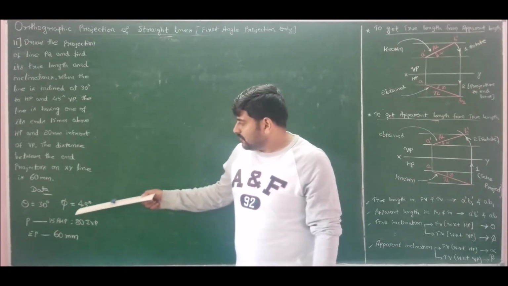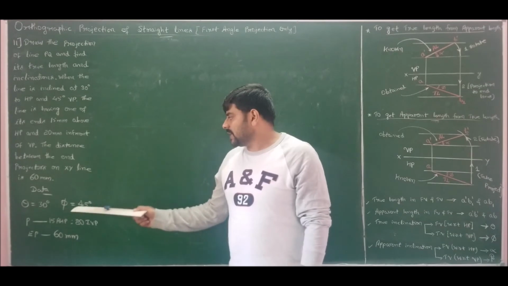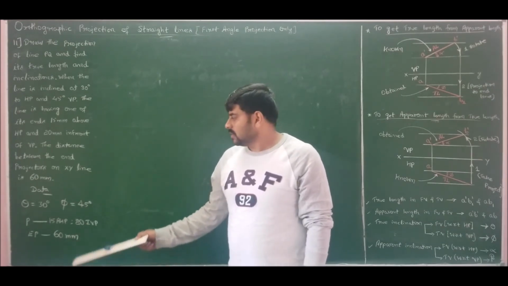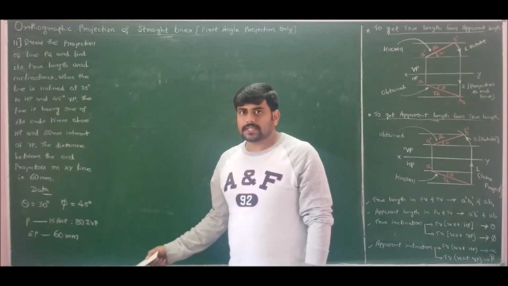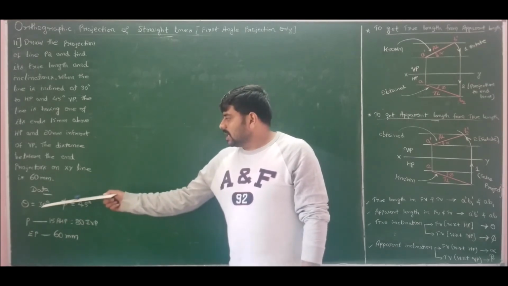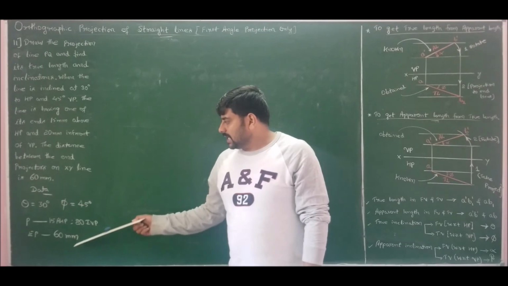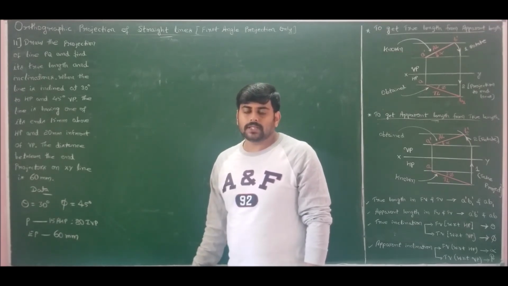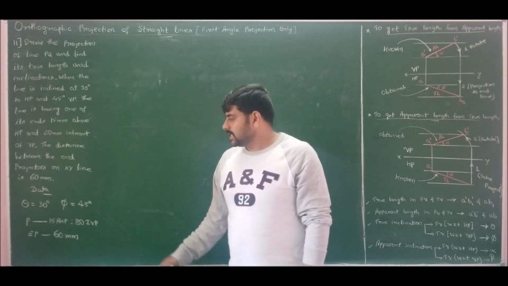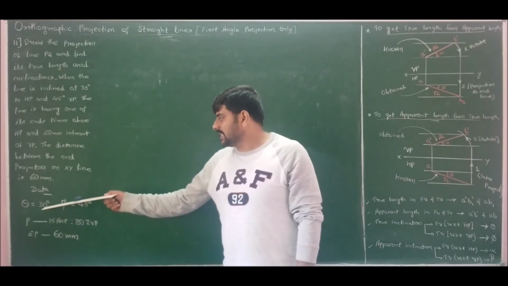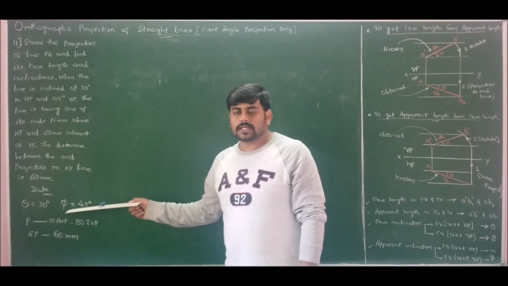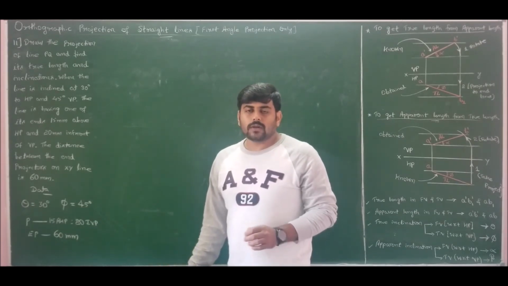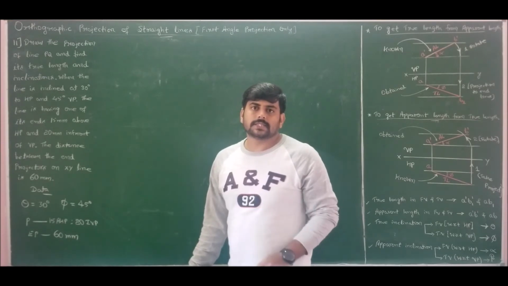So if he had given the values of alpha and beta, the problem would have been very simple, because we know the end projector, we know the ends P dash and P. Drawing lines for alpha and beta, they automatically intersect the end projector, thereby I can get apparent length in front view and apparent length in top view. But now the case is different. He has given the values of theta and phi, which do not hold good for the end projector. End projector holds good only for apparent length and apparent inclinations.